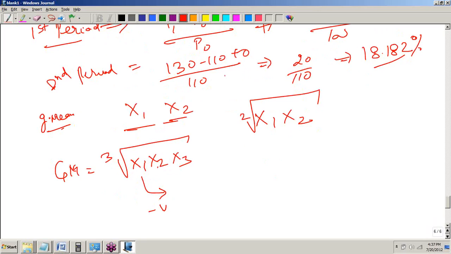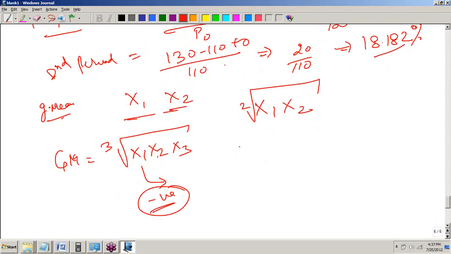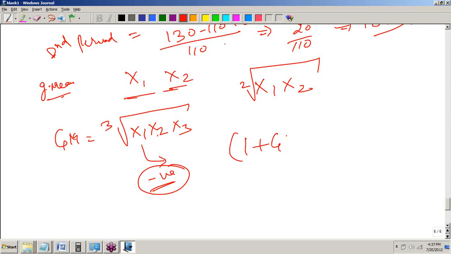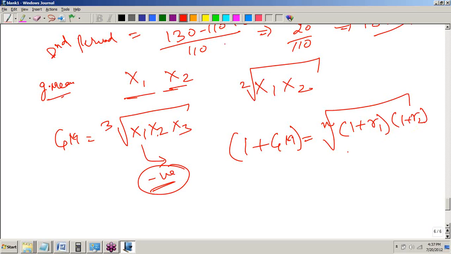But since the returns can be negative, we do not take the geometric mean like that. What we say is 1 plus geometric mean is equal to the nth root of 1 plus r1, 1 plus the return of the first period, 1 plus the return of the second period, till the return of the nth period. So this is how we'll compute the geometric mean return.